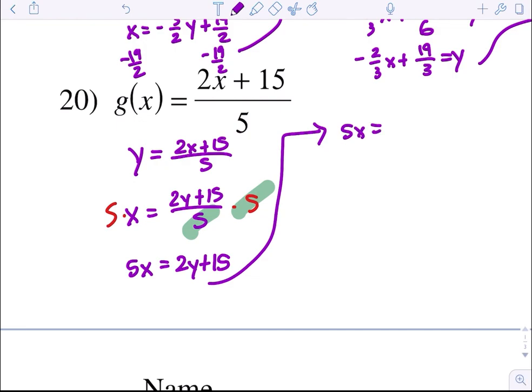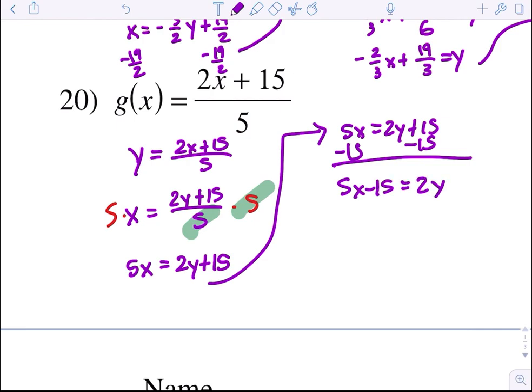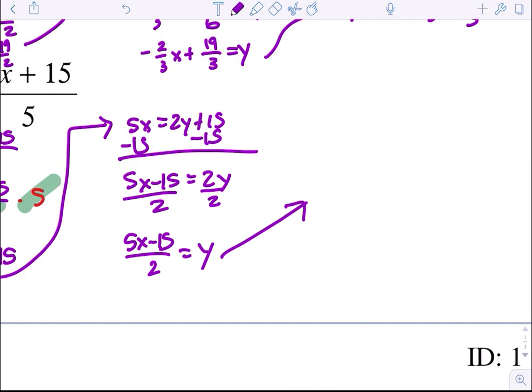We're gonna subtract 15 from both sides. So we're gonna have 5x minus 15 equals 2y. Divide both sides by 2. 5x minus 15 all over 2 is equal to y. Change the y to be inverse, so f inverse of x is equal to 5x minus 15 all over 2.